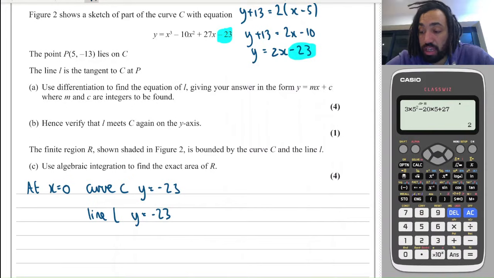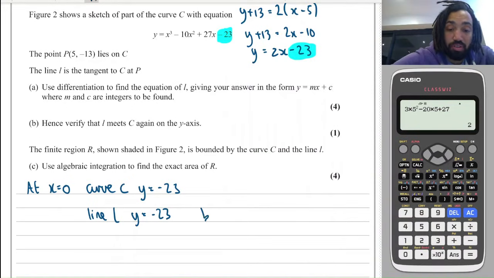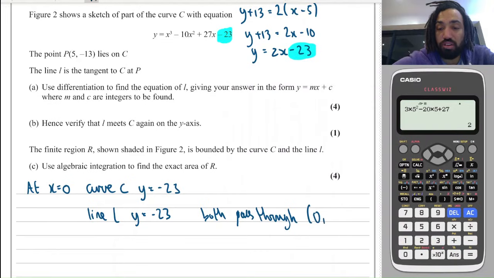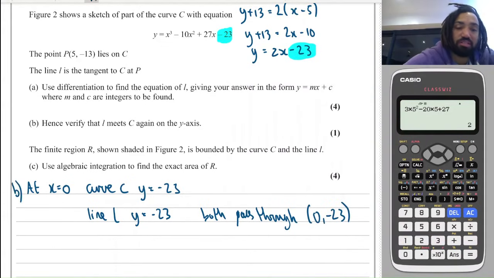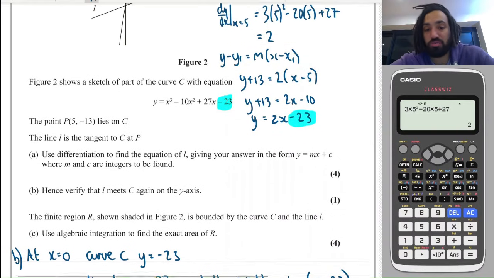So they both pass through 0, minus 23. A bit of a weird question, that one, because it's really obvious, but whatever.